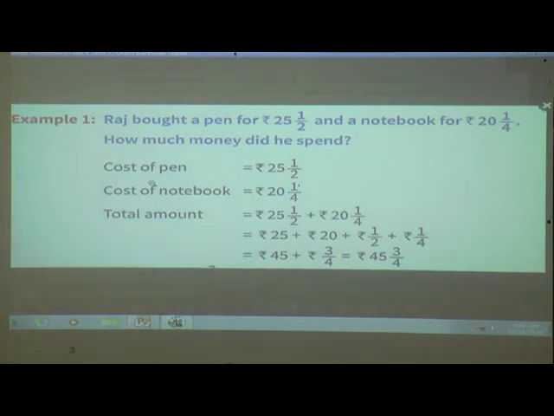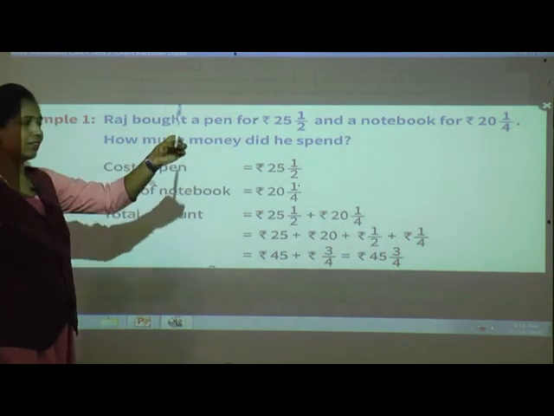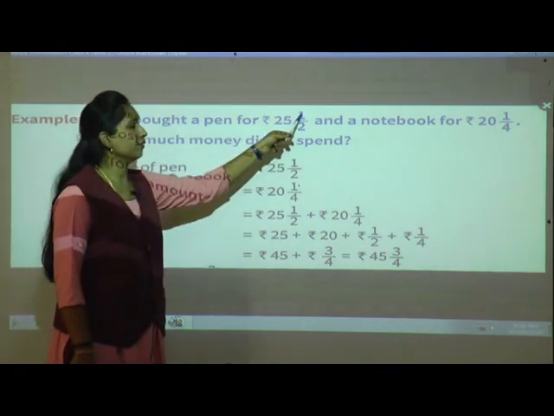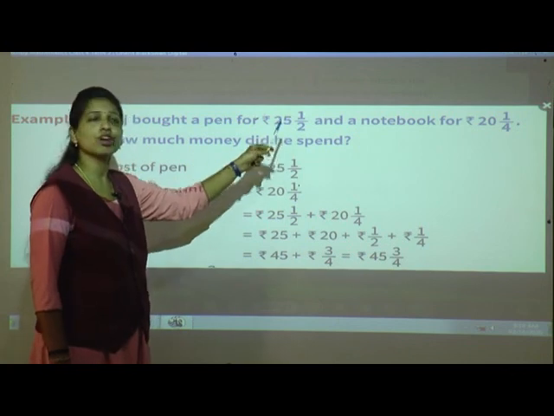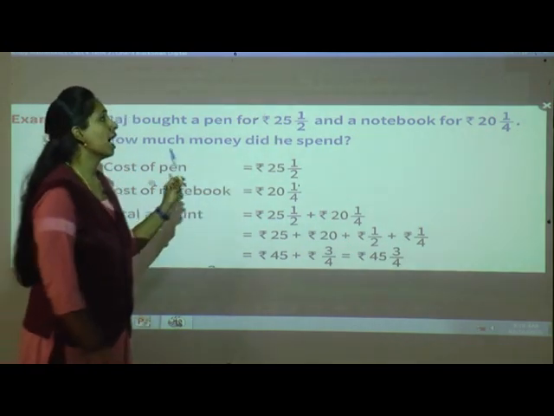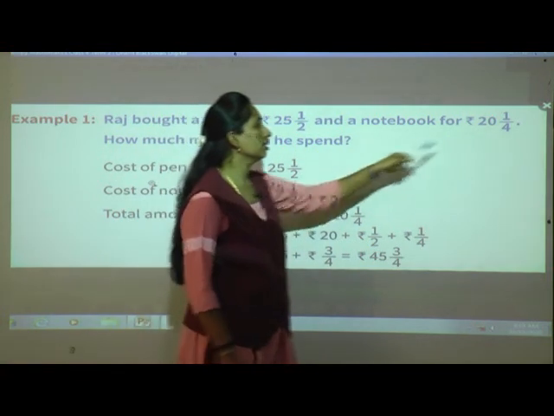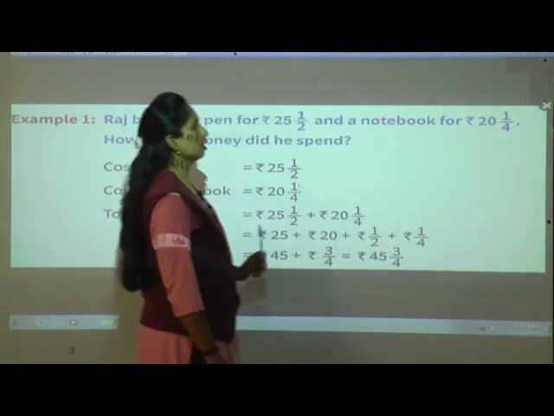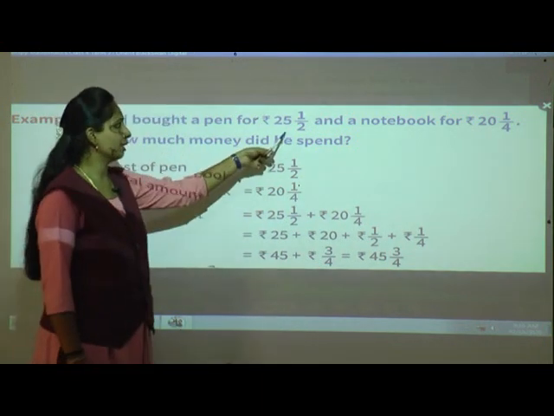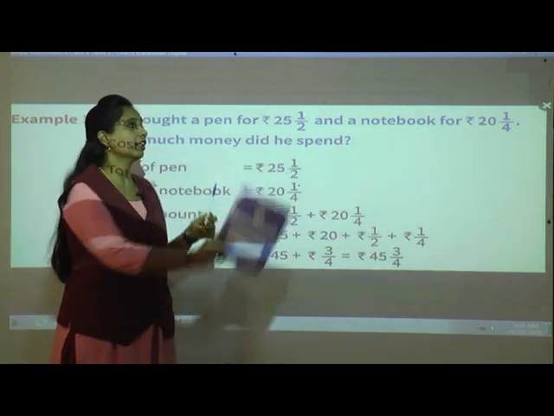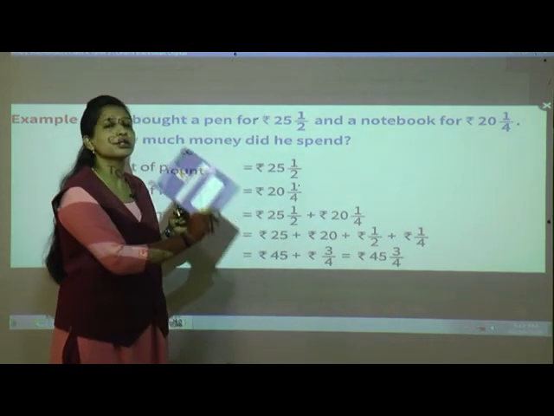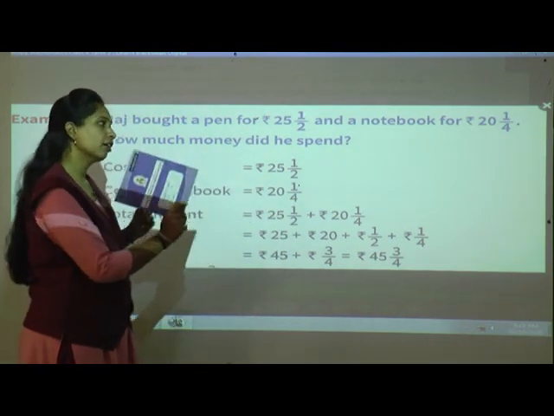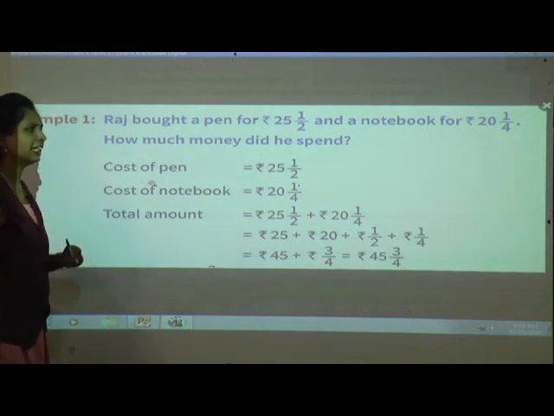How much money did he spend? So what are they saying? Raj, one boy, bought one pen for rupees 25 and a half, and one notebook for 20 and 1 upon 4. So how much money did he spend?